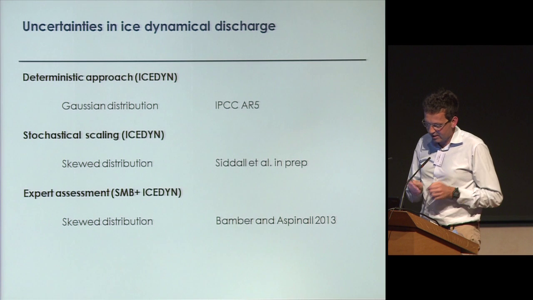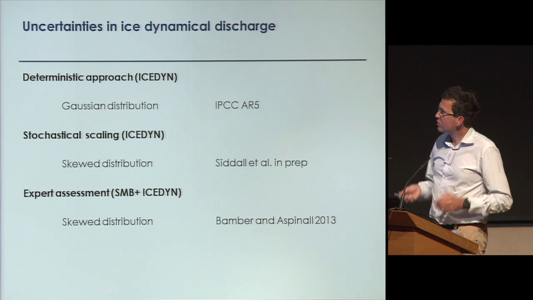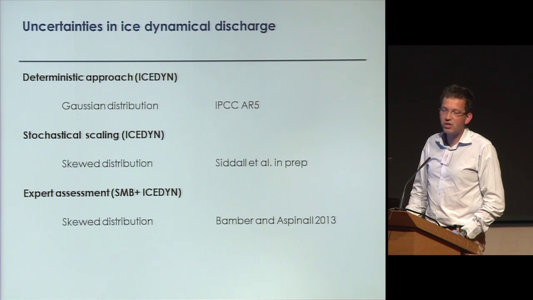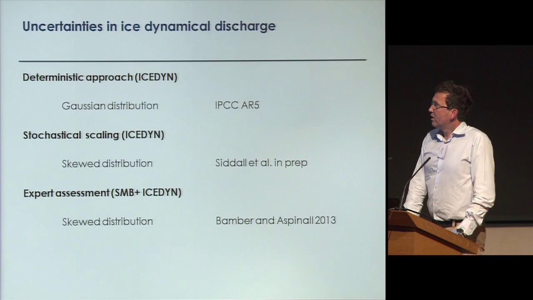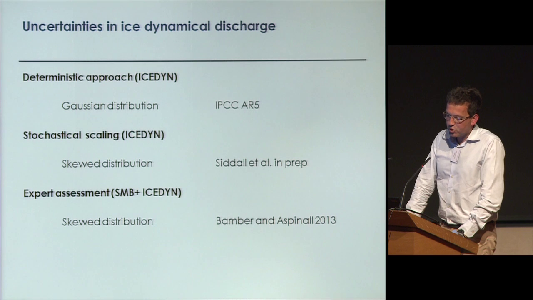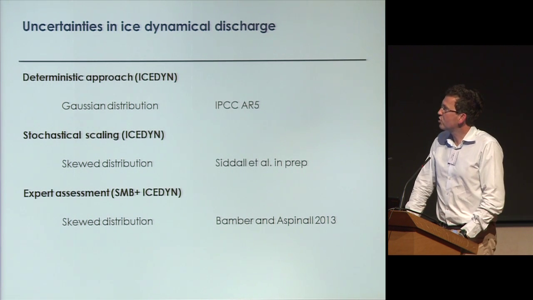And if we take that as a given, then the other uncertainty on longer timescales is dominated by the uncertainty in the ice dynamical changes. And there are now, I would say, 3 possibilities to estimate this ice dynamical discharge.